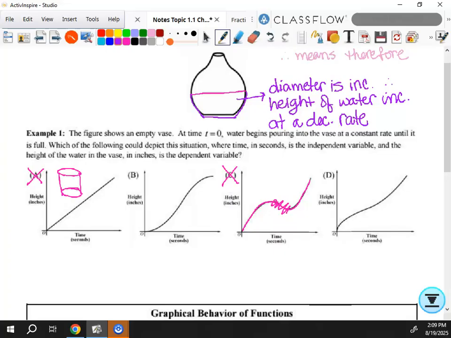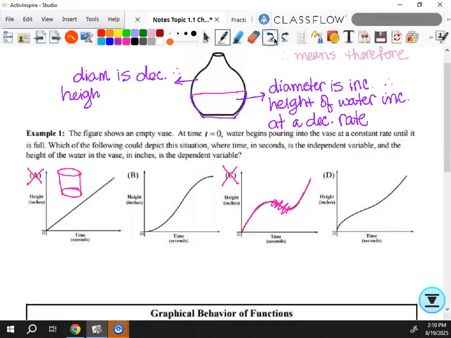All right, so now this part over here, when I go from the pink line up, the diameter is decreasing. Therefore, height of the water is still increasing.